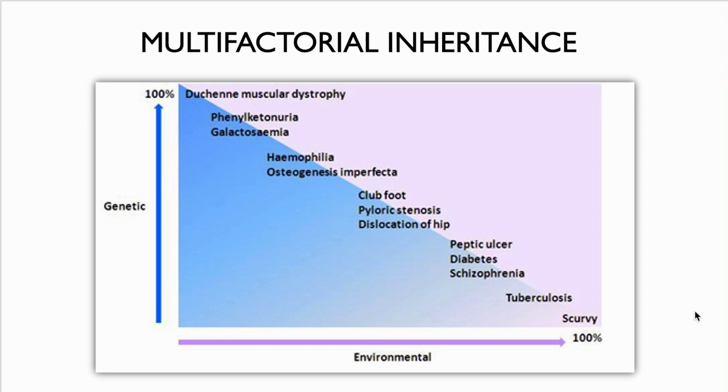So, exactly as a person's height, for example, okay, is determined by several genes and environmental factors like nutrition, health status. Okay, these conditions will manifest exactly if the combination of genetic predisposition and exposures to environmental factors are together.